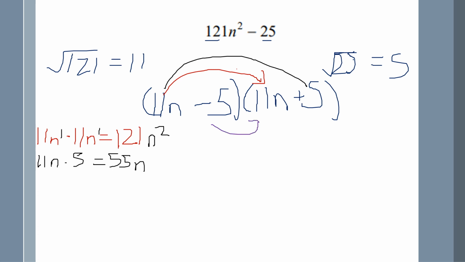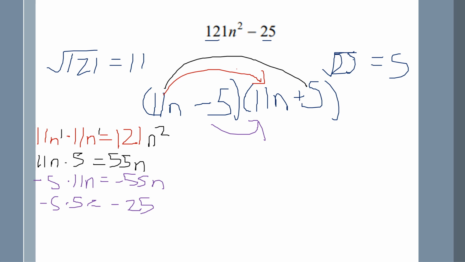But negative 5 times 11n equals negative 55n. And then negative 5 times 5 equals negative 25.